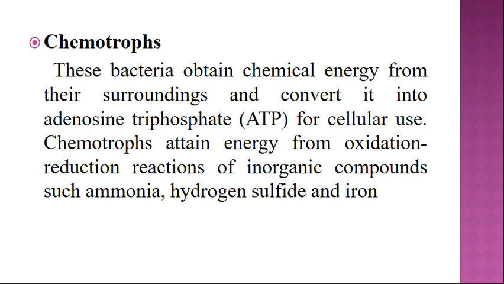Chemotroph, another nutritional category. These bacteria obtain chemical energy from their surroundings and convert it into ATP for cellular use. Chemotrophs attain energy from oxidation reduction of inorganic compounds such as ammonia, hydrogen sulfide and iron.